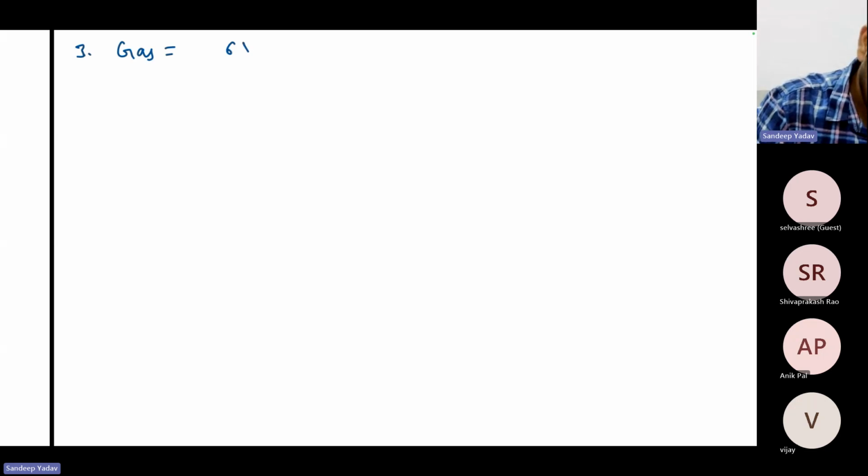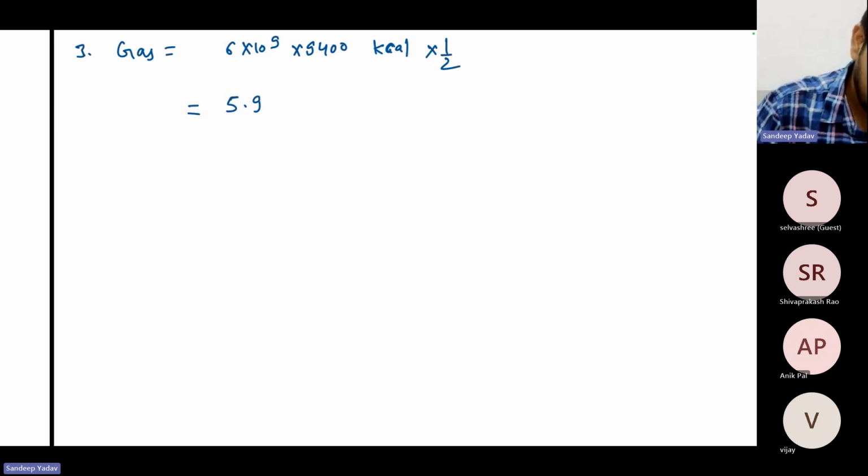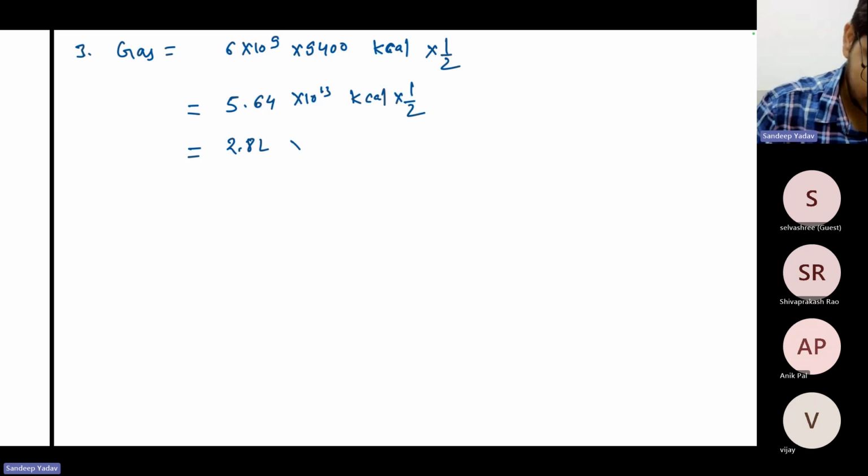Gas is 6 into 10 raised to power 9 into 9400, that is the calorific value, kilocalorie, into half. 5.9, sorry. 5.64 into 10 raised to power 13 kilocalorie. That will be 2.82 into 10 raised to power 13.